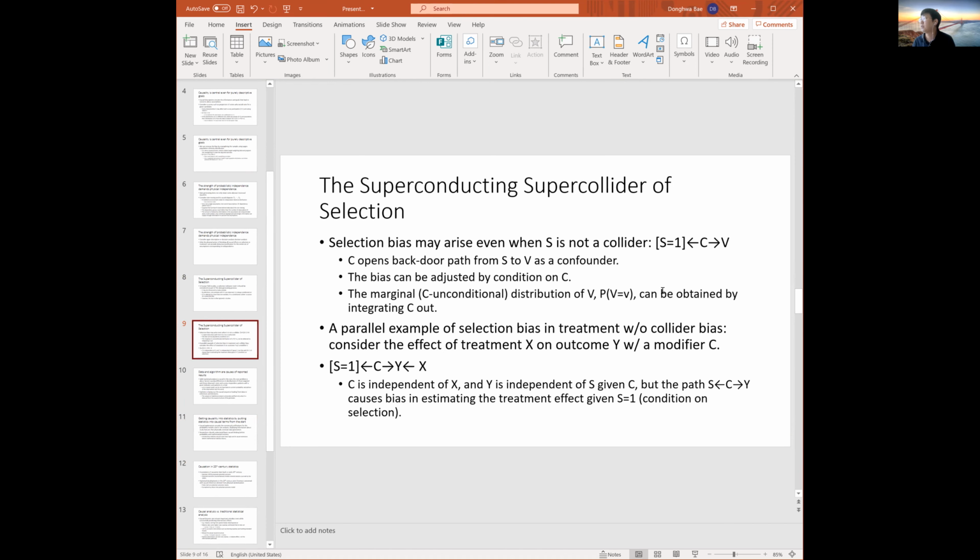Actually, this is the example we already saw before. S is just a node, not a collider in this graph.